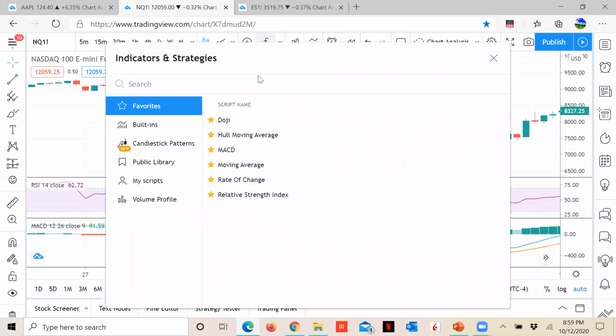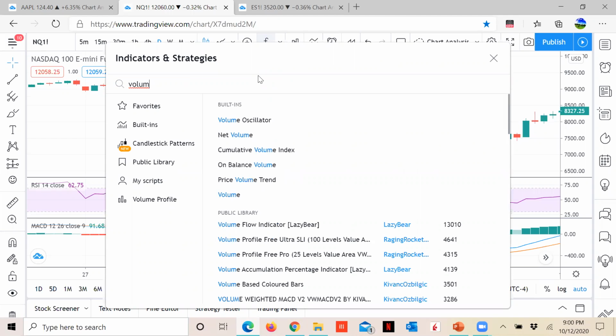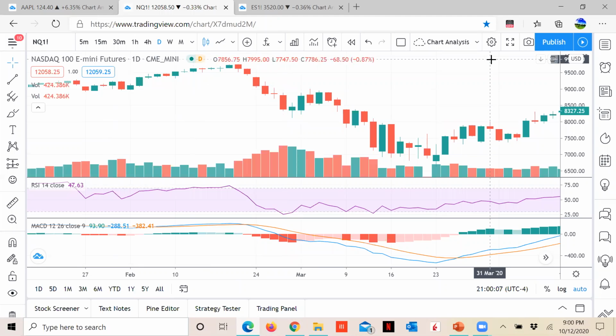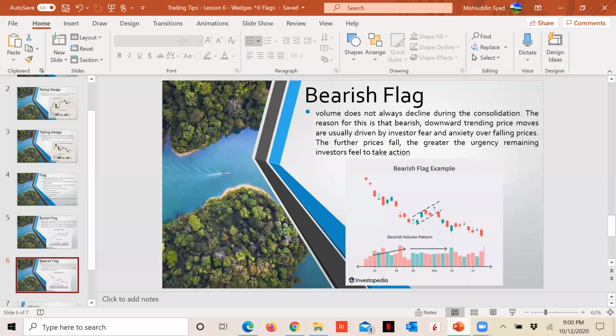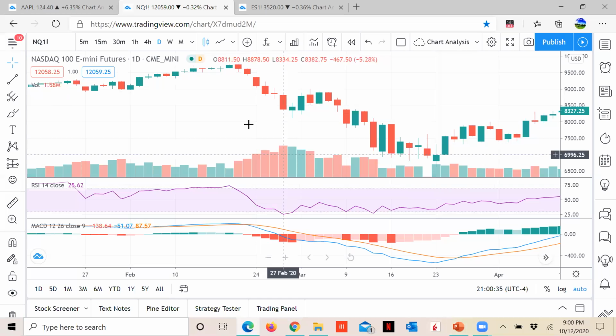And if I go to the volume, I just want to understand what the volume trend is. So this is the volume. I just turned it on just to understand that point, that the volume does not always decline during the consolidation.